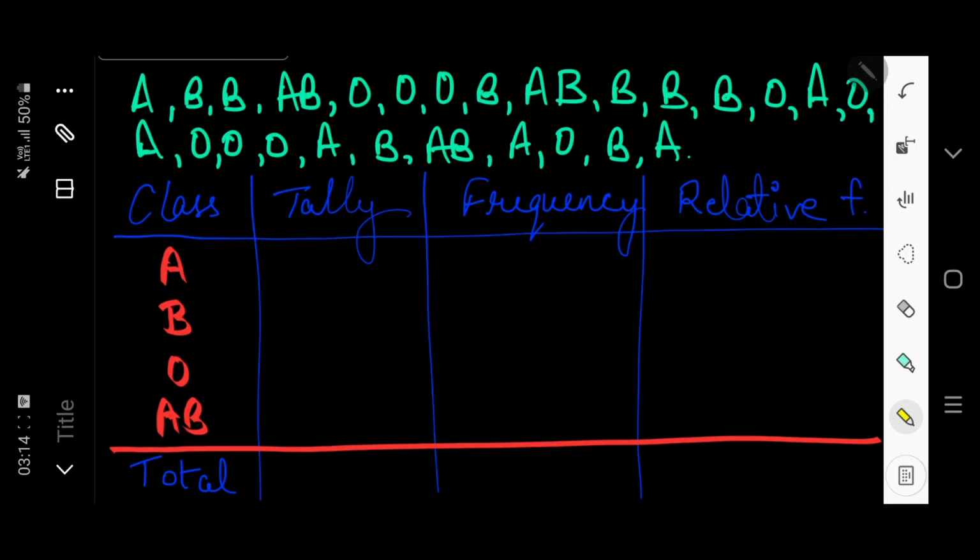So let's start. In tally we will simply write all the blood groups we are provided with.